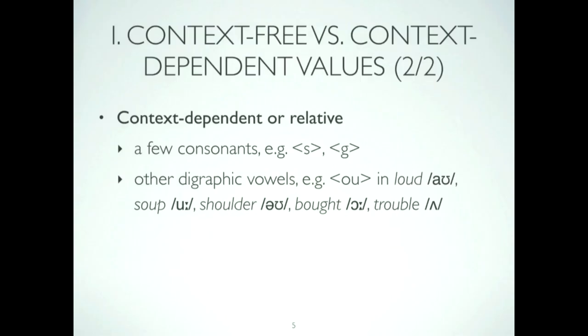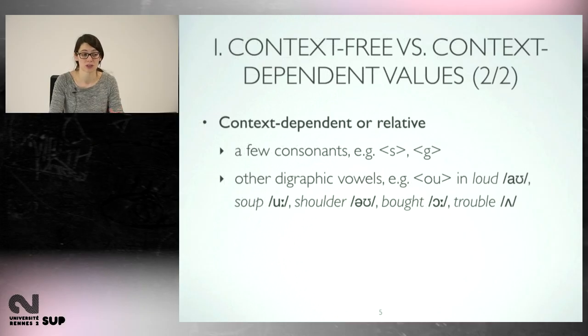Then there are a number of digraphic vowels that are also context-dependent. The one that is often taken as an example illustrating the very chaotic nature of the English spelling system is the OU grapheme that you have in loud, in soup, in shoulder, in bought, and in trouble.